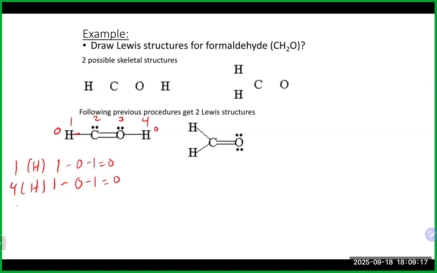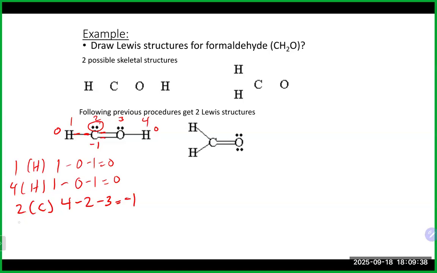Now, if we come to number 2, which is our carbon in this case, carbon is 4 minus the non-bonding electrons, which is 2, minus the number of bonds, which is 1, 2, and 3. That's going to give us a -1 here. So this carbon has a -1 formal charge.